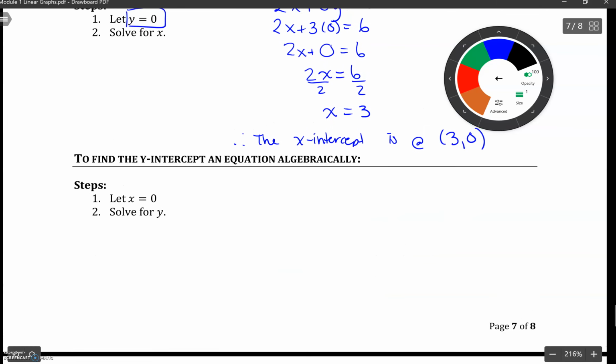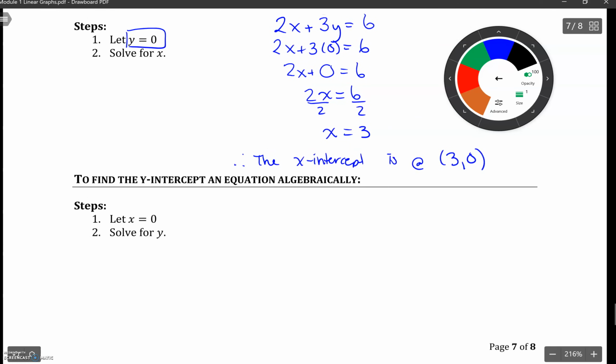To find the y-intercept algebraically, if our equation isn't in y equals mx plus b form but is in standard form, like in this example, then we take our equation 2x plus 3y is equal to 6 and sub in x equals 0, because at a y-intercept, we know the x value has to be equal to 0. Then we can find our corresponding y value.